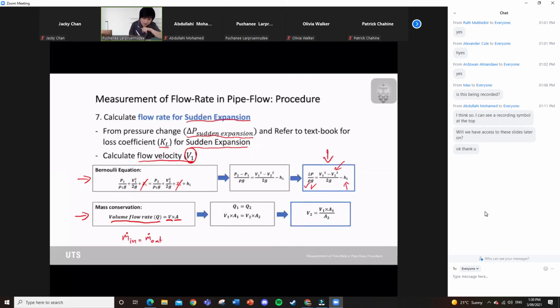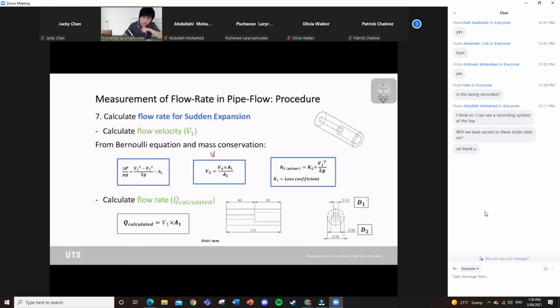So based on the mass conservation, M in equal to M out, Q1 will be equal to Q2, or V1 multiplied by A1 will be equal to V2 multiplied by A2. Simplify it, we will get V2 here equal to V1 multiplied by A1 divided by A2. So we know V2 from this one.